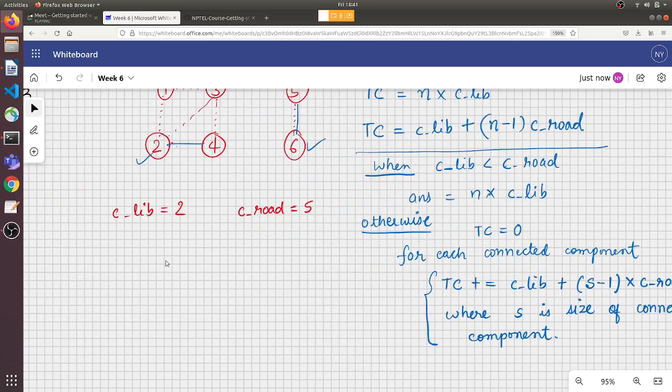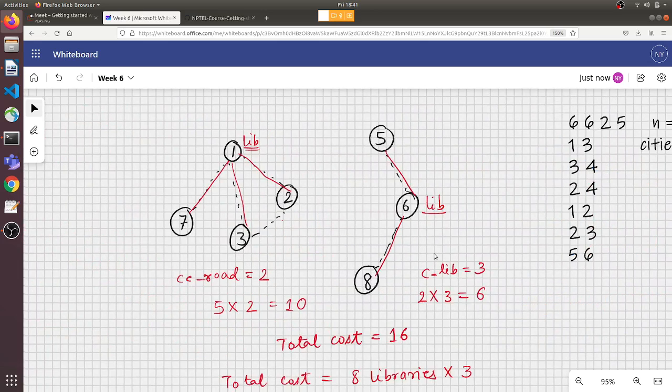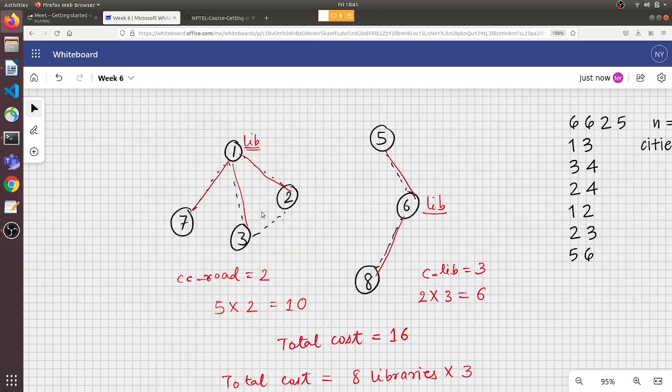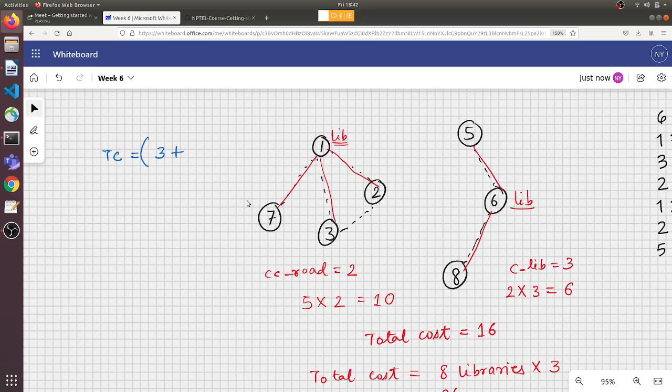For example, if we go back to our previous example here, there are two connected components. In the first connected component, we will construct one library. So total cost is equal to 3 for constructing one library, right? And then the first connected component has 4 nodes.